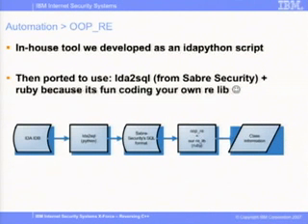What we did was first develop a tool in Python. And then when Sabre Security released IDA2SQL, the script that imports info from the IDB and more to a SQL server, we wrote the code in Ruby. We'll show you a demo later.